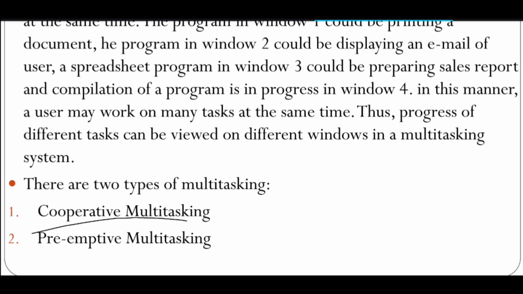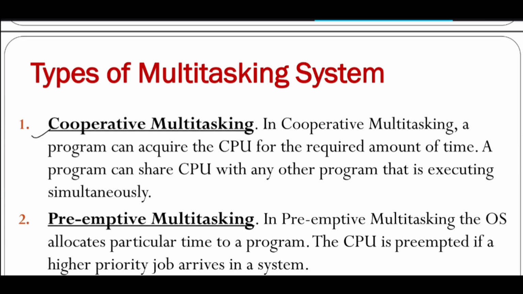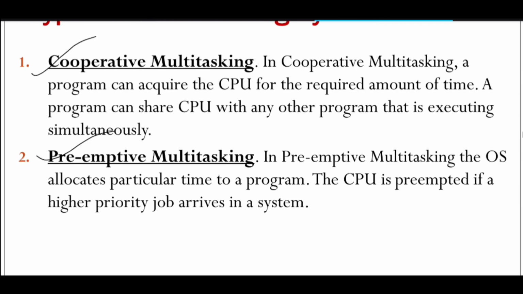In preemptive multitasking, if a process is executing inside the CPU, it may be forced out. That means we can take the process out of the CPU, or deallocate the CPU from the process forcibly. These are the types of multitasking: cooperative and preemptive.